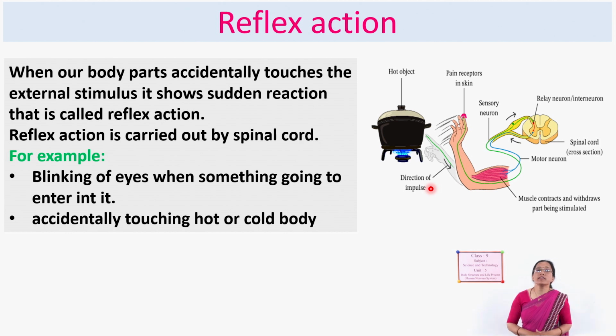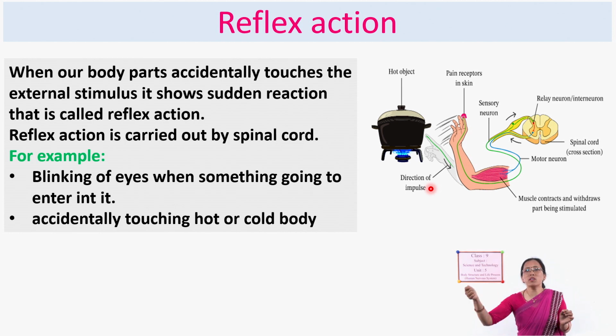Now, what is reflex action? Already I have told you, the spinal cord carries out reflex action with the help of the peripheral nervous system. How does this reflex action occur? I have already given one example. What happens if we accidentally touch something not suitable to our body, a very hot body, a very cold body, or something creating pain in our body?